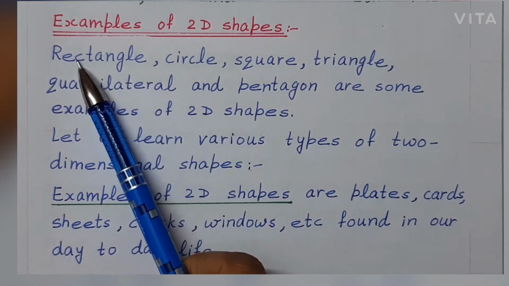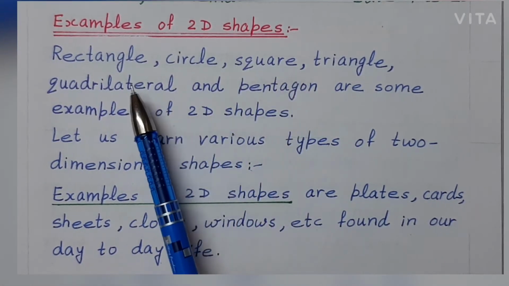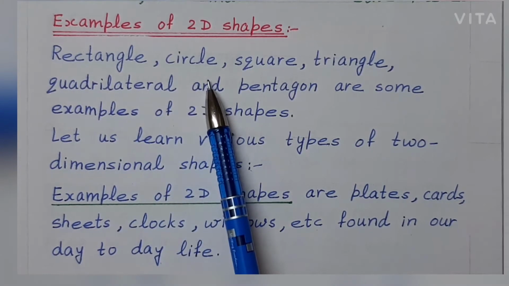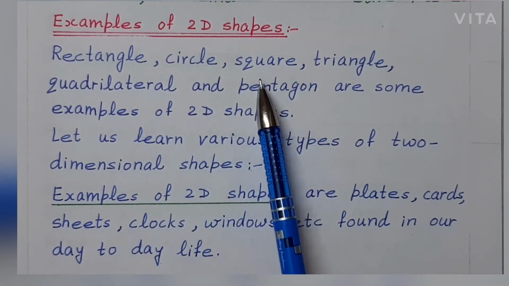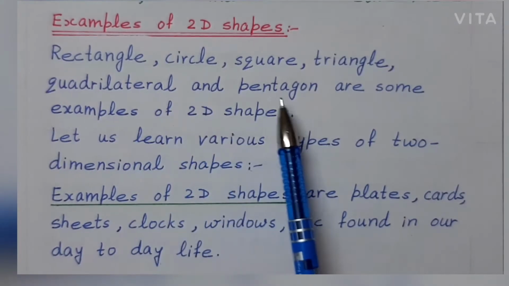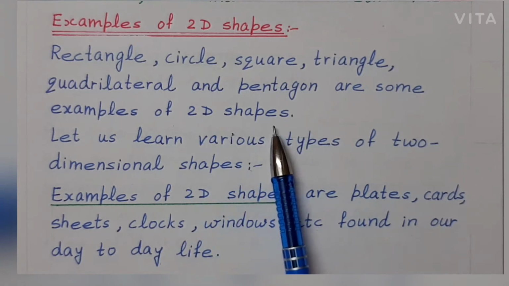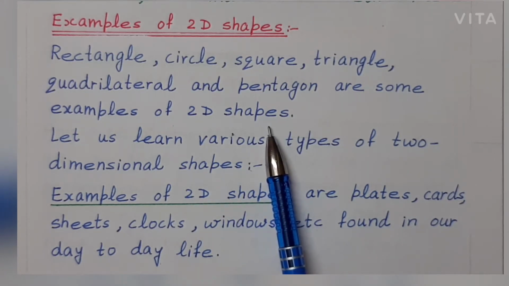So examples of two-dimensional shapes are rectangle, circle, square, triangle, quadrilateral and pentagon. Now these are some of the examples. We can have more also, right?